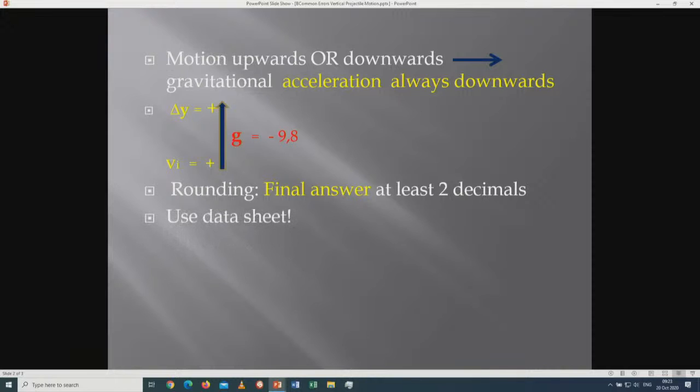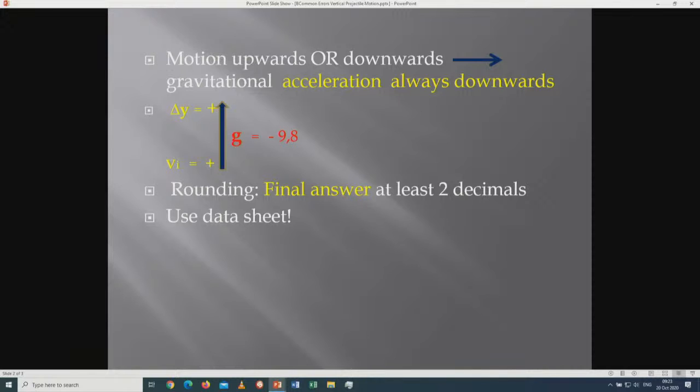Okay. And then important, use your data sheet. You have the 4 equations of motion on your data sheet. Don't get 0 out of 3 because you have by mistake stated, for instance, V final equals V initial plus delta T, or for the last part, you forget to square the delta T in half G delta T squared.